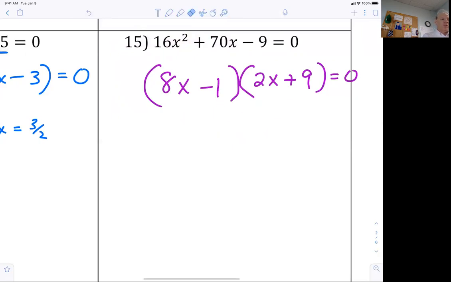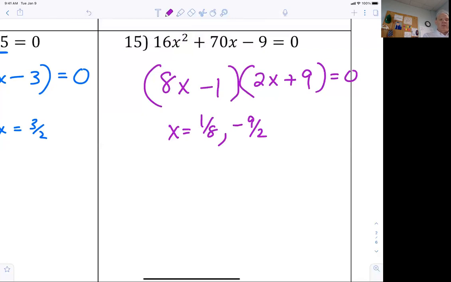All right, so now once you have that, you just write down x equals, what is it? 1/8. -9/2. Now remember, don't make a silly mistake on that.